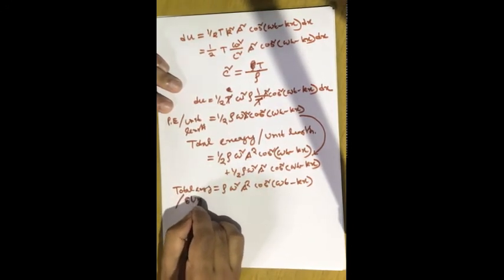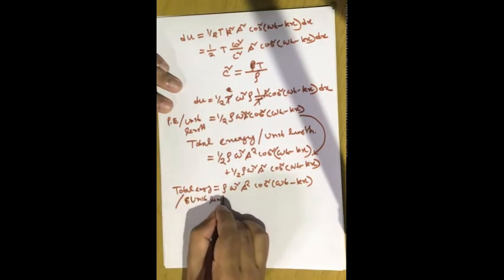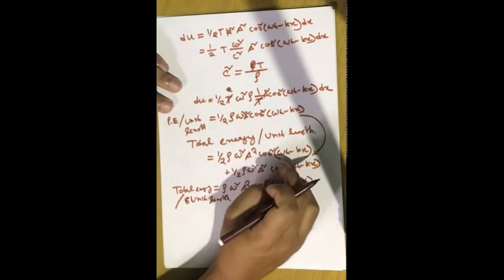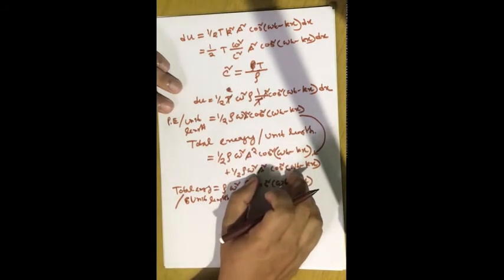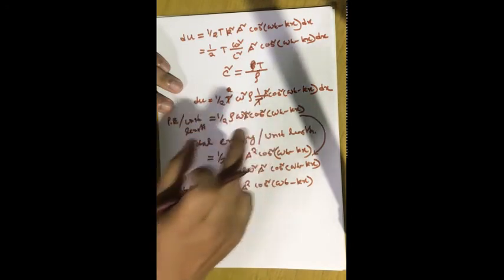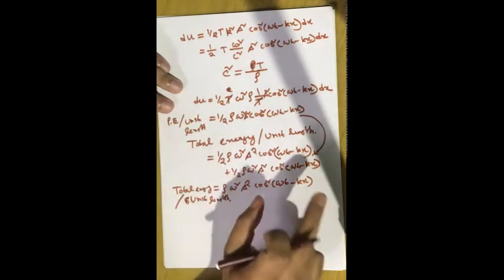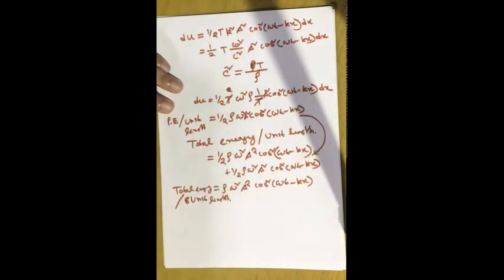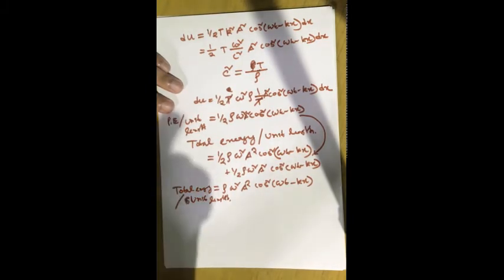Okay, per unit length. The one thing you have to remember here is that the value of the potential and kinetic energy will be maximum and minimum at the same time, because their values are exactly equal and there is no phase difference between the potential and kinetic energy. This is unlike the case of simple harmonic motion. As one can remember, in simple harmonic motion, when the kinetic energy was maximum, the potential energy was 0, and when the kinetic energy was 0, the potential energy was maximum.